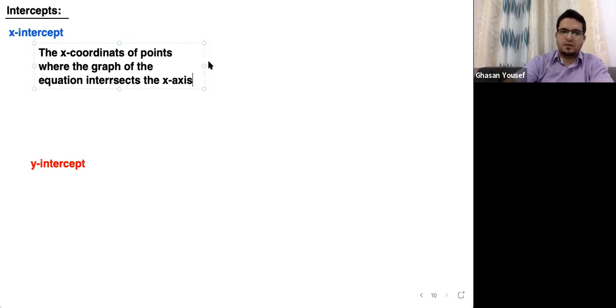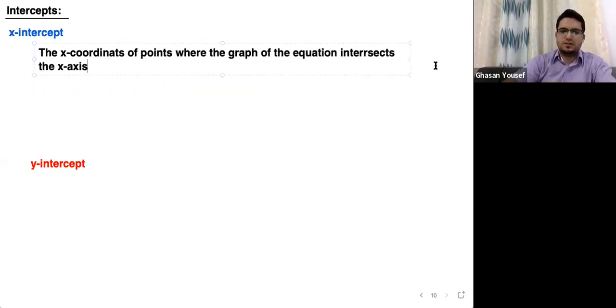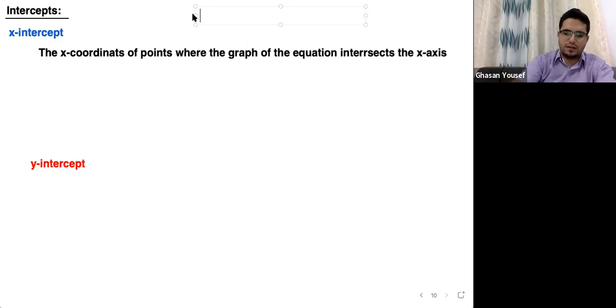What is the meaning of x-coordinate? Suppose the ordered pair is parentheses x comma y. So this is the ordered pair.